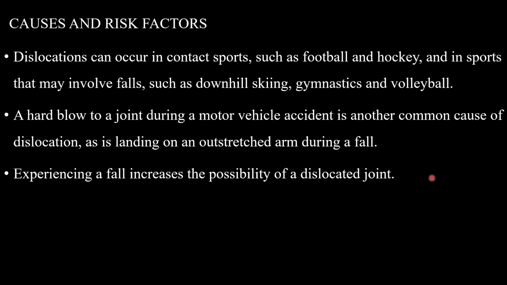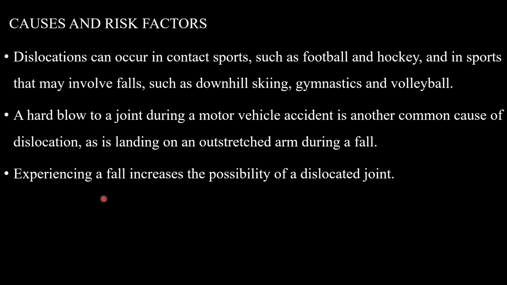Next we will see causes and risk factors. A dislocation can occur in contact sports such as football and hockey, and in sports that involve falls such as downhill skiing, gymnastics, and volleyball. A hard blow to a joint during a motor vehicle accident is another common cause of dislocation. Dislocation can occur from landing on an outstretched arm during a fall.